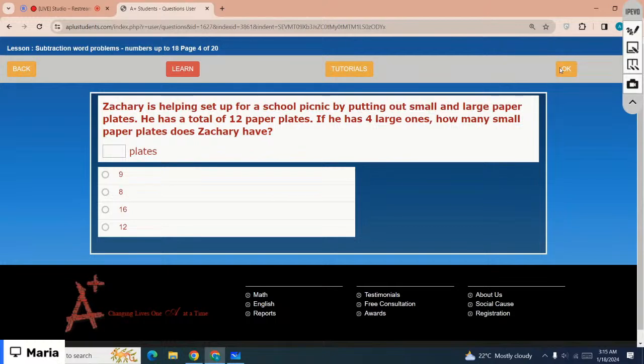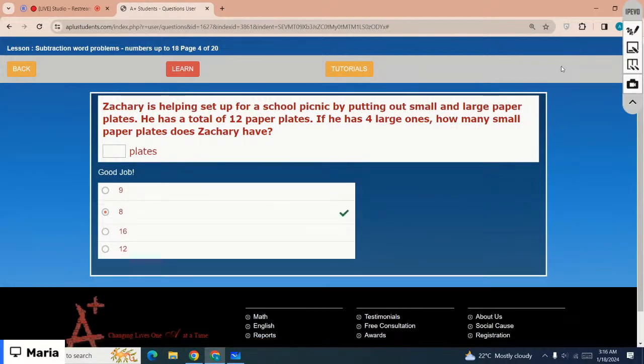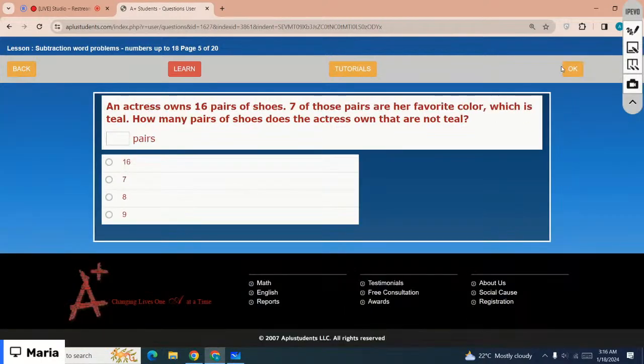The correct option is 12 take away 4, because you have the plates that are large. So 12 take away 4 is 8. Very good. That means the small paper plates he has is 8. 12 take away 4 is 8. Got it?